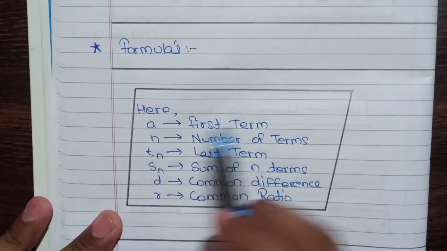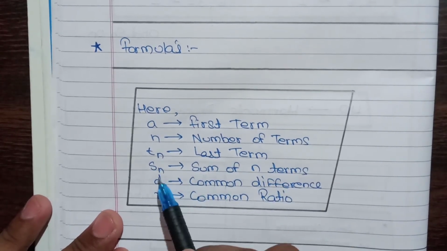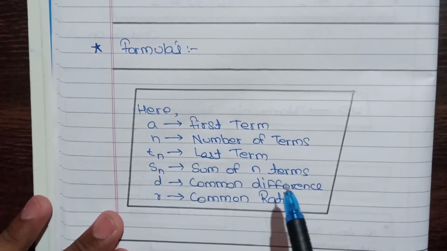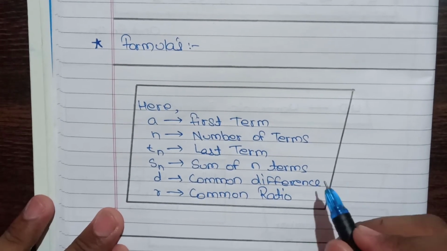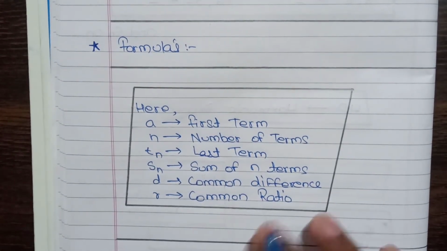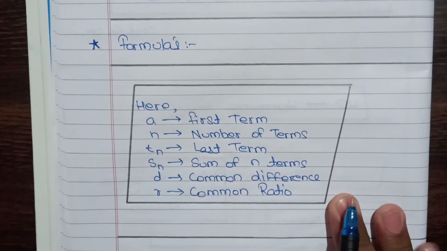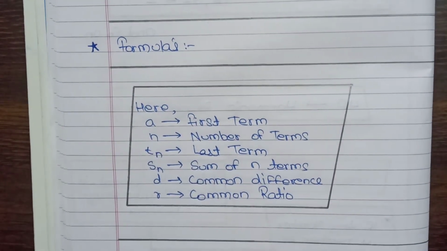A is the first term, N is the number of terms, Tn is the last term, Sn is the sum of n terms, D is the common difference. Now one new thing you are going to be introduced to is R. R is the common ratio, which is used in GP, geometric progression. Let us go.